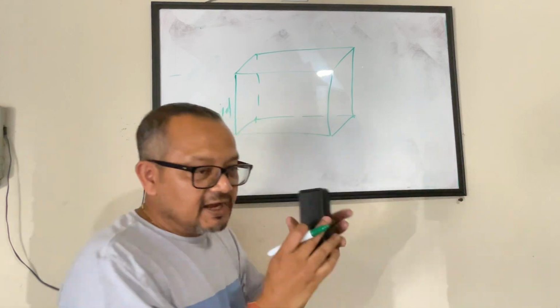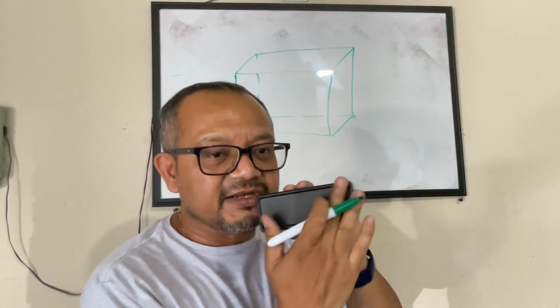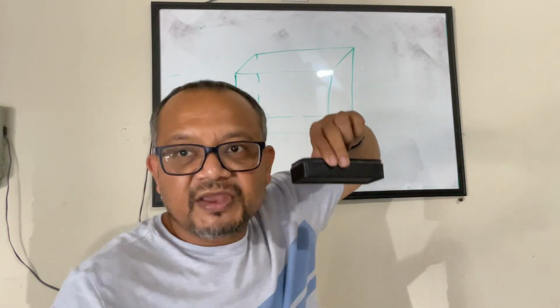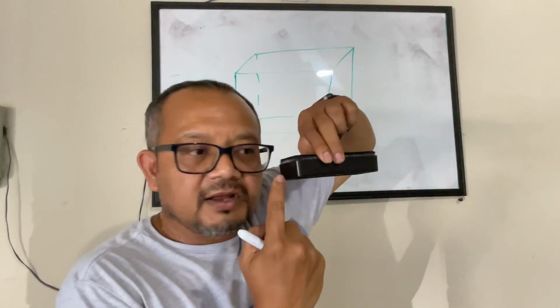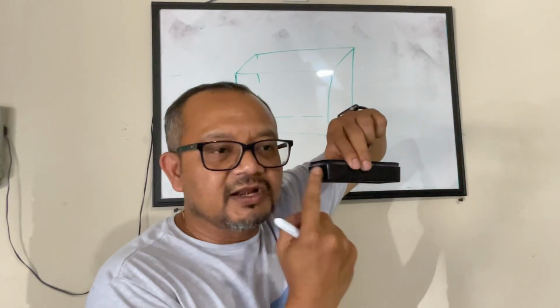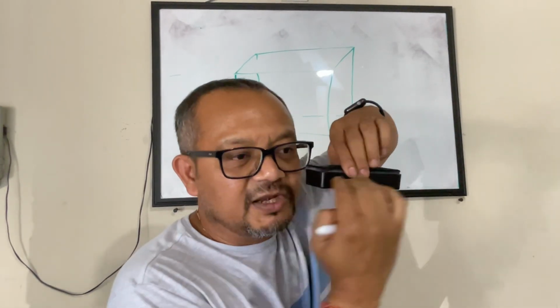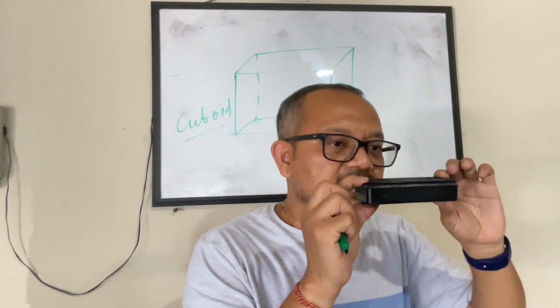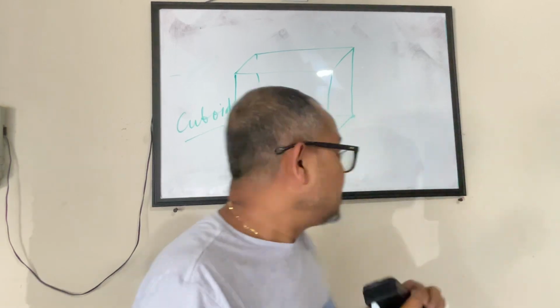Imagine this eraser, right? It has this rectangle. Now if you look, it has height also, meaning we have put rectangle after rectangle after rectangle, multiple layers, and that has led to the height, and that is what has made it a solid shape.